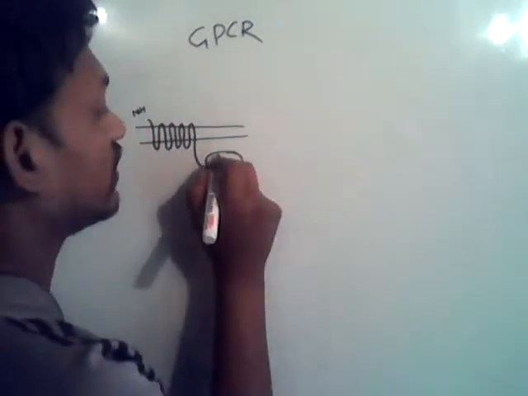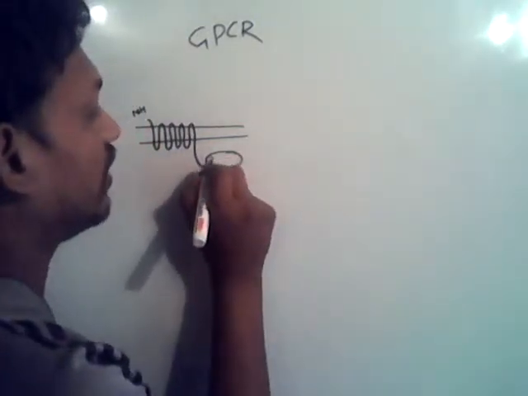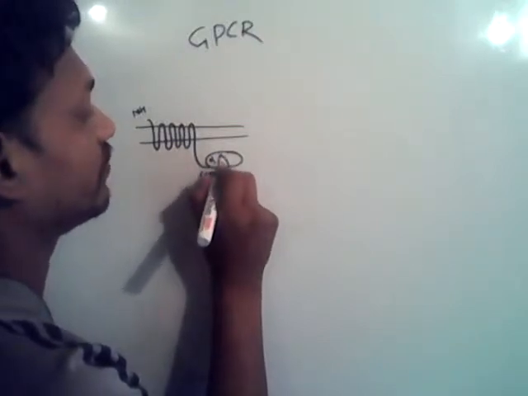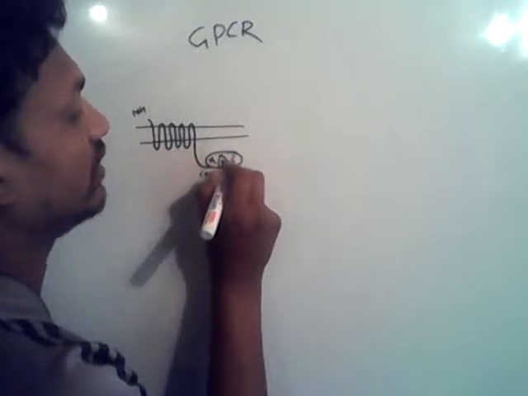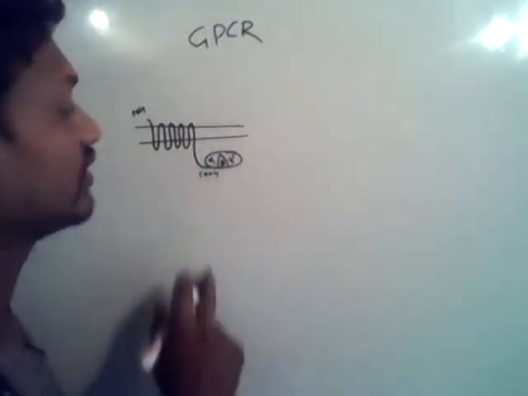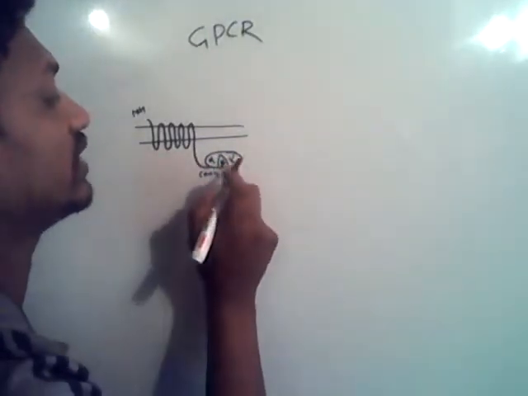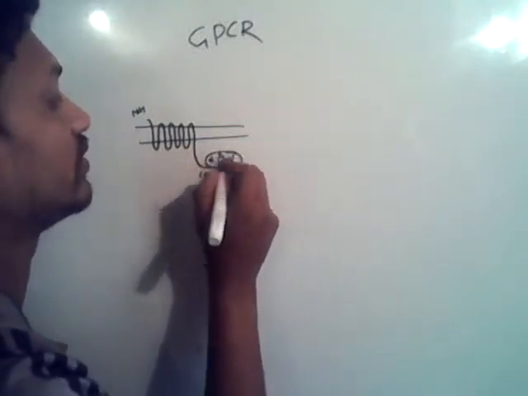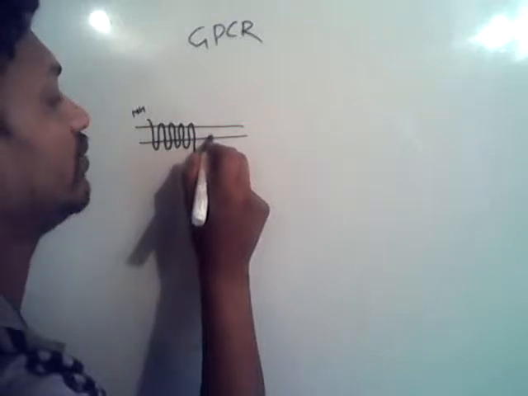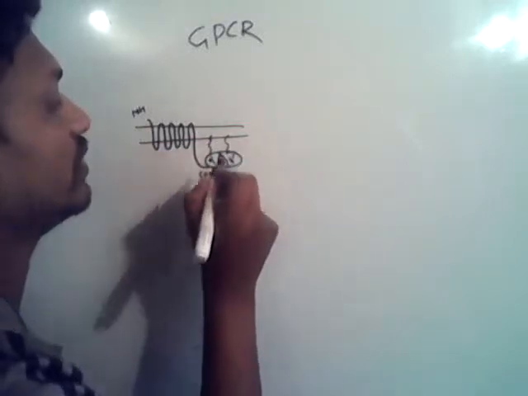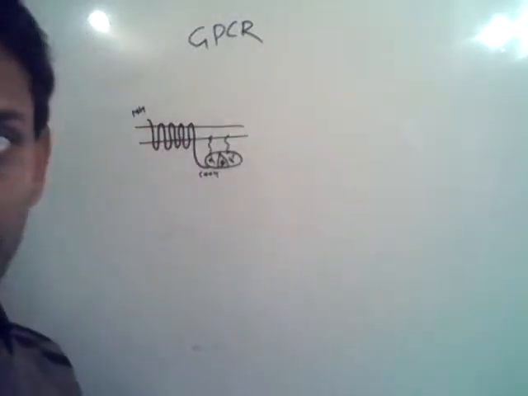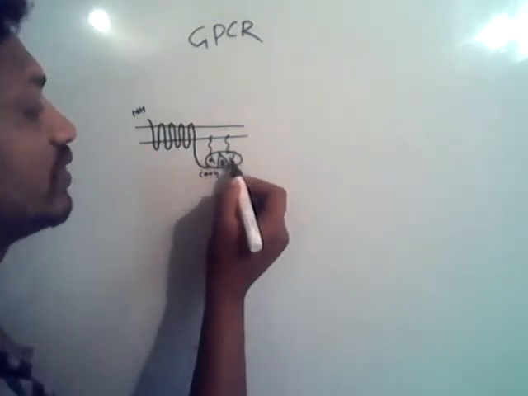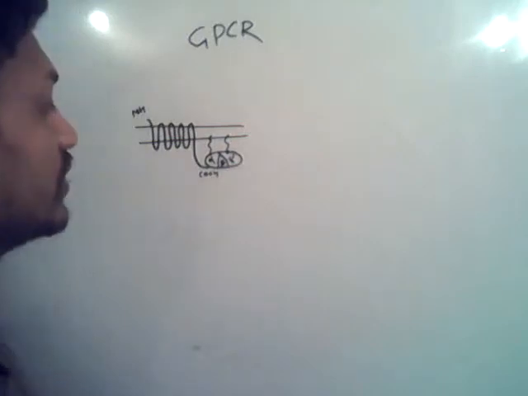The G protein has 3 subunits: alpha subunit, beta subunit and gamma subunit. The alpha and gamma subunits bind to the membrane directly, while the beta subunit binds to the gamma and alpha subunits.